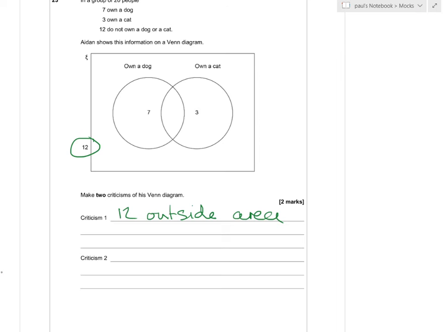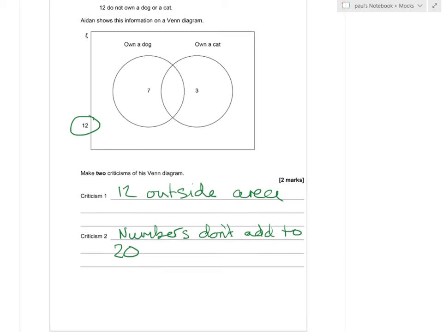Hang on, 12 and 7 is 19 and 3. Oh, the totals are wrong. The numbers don't add to 20. 12 and that, 22. So somebody's got to be in the middle there that they forgot.